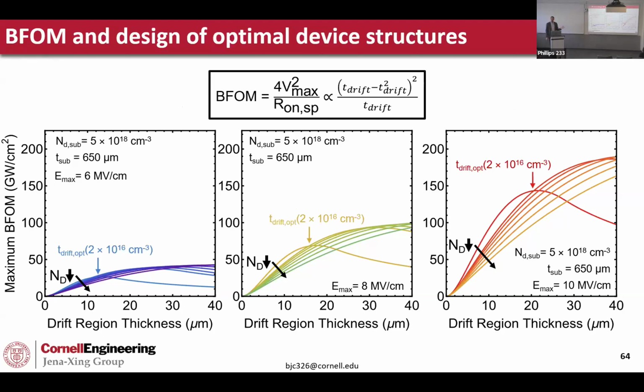We see that it transitions: at low field, it's roughly linear, where you have T squared over T, so that ends up just being T. It is roughly linear at low thicknesses. As that increases, the T squared term starts to dominate and it starts to turn down. And then at a certain point, you're limited by the 1 over, it becomes very small in the numerator, and you effectively get a 1 over T. So you have this curvature going down as you increase thickness.